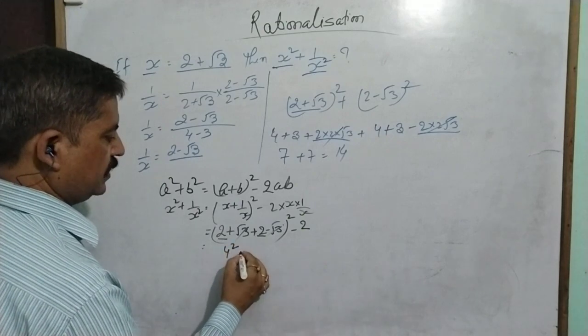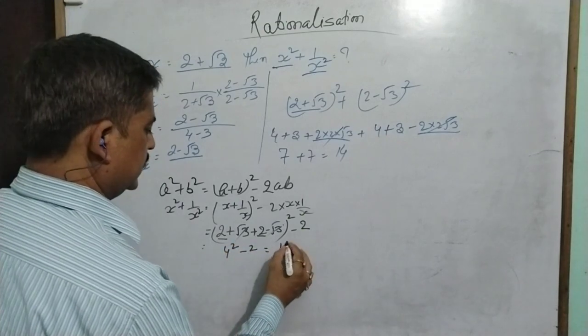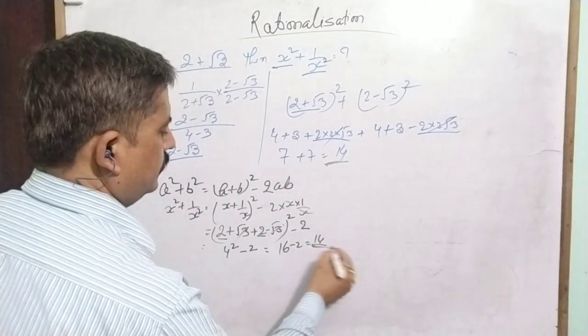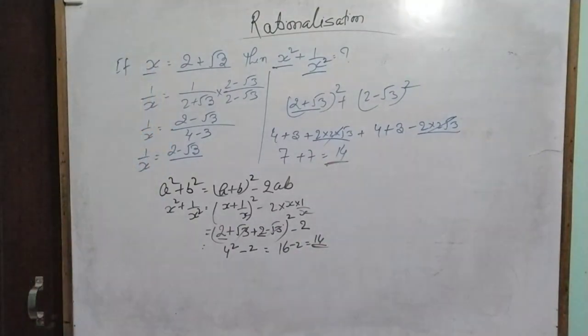So 4 whole square minus 2. So 16 minus 2 is equal to 14. Any one of your processes may be used.